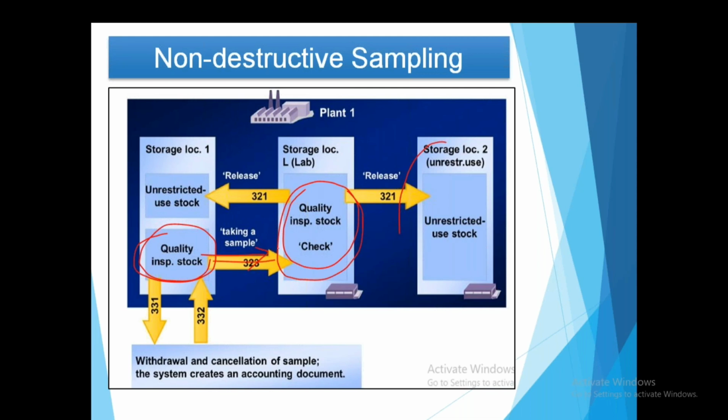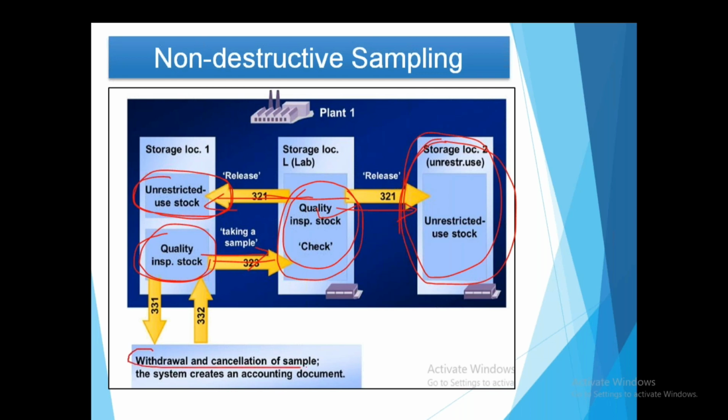This is the 323 movement. Take the sample, and once the quality inspection is done, you will move it back to unrestricted use after release. The remaining stock you will move to another storage location, and then you will move it back. That's what you will do.